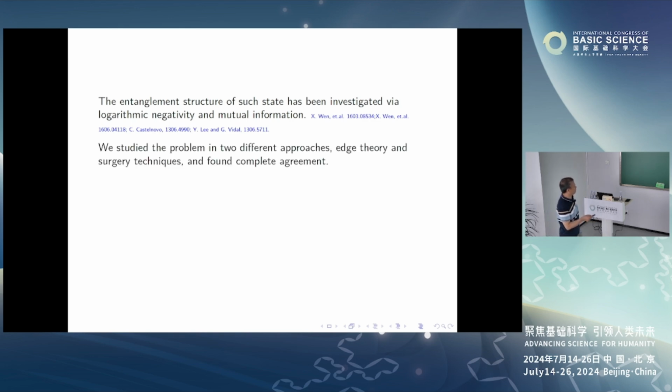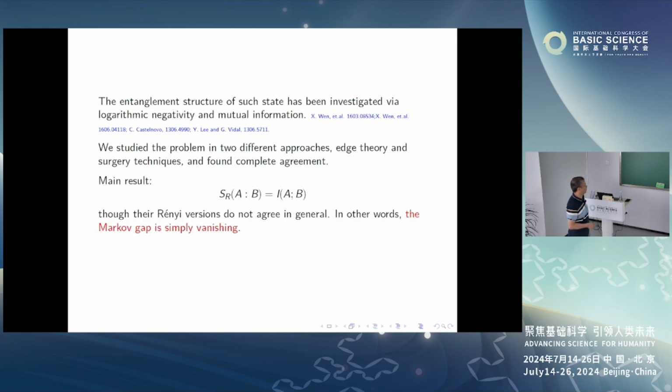And we studied this entropy in this configuration using two different approaches that are standard in computing entanglement in Chern-Simons theory. One is the AdS theory, and the other is the surgery technique. Both approaches lead to complete agreement.